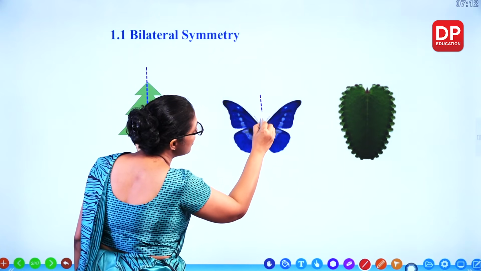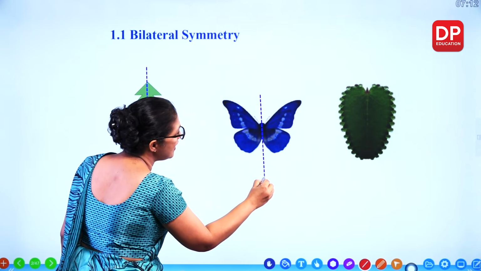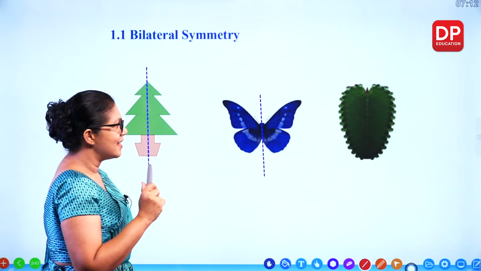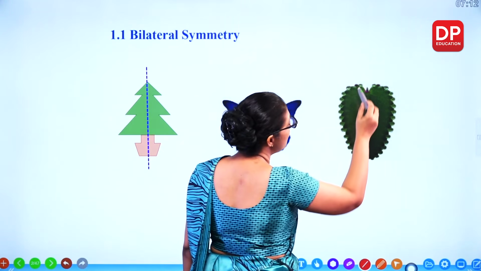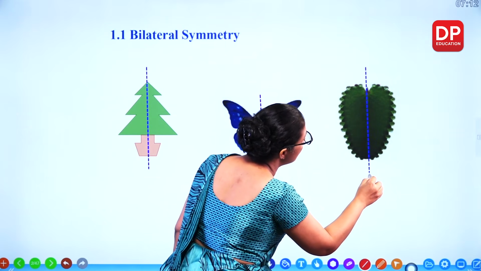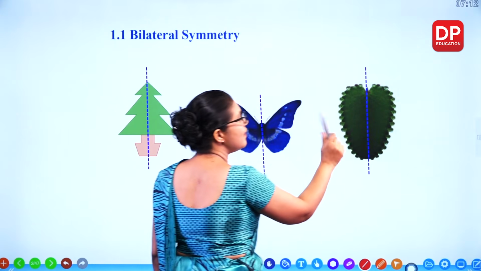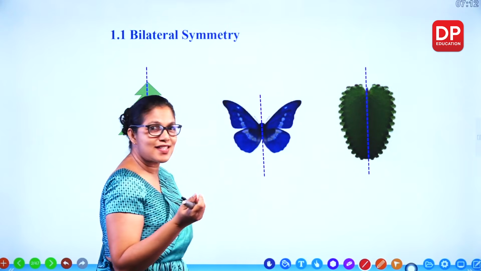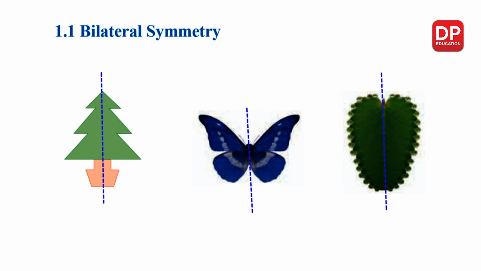Yes, we can. So here, if we draw a line here, this side is same as this side. And also this leaf, if you draw a line here, we can divide this into two equal parts. So these are symmetrical objects.